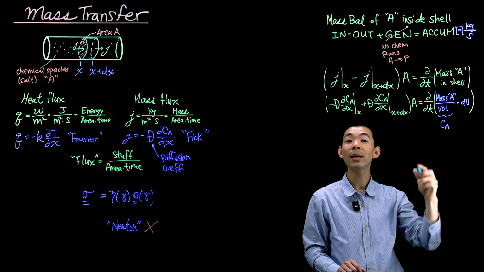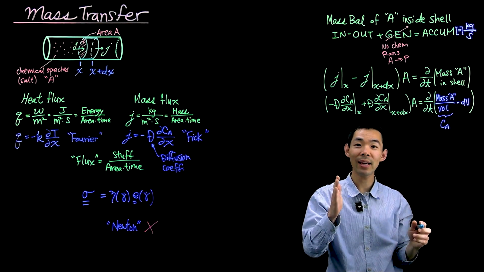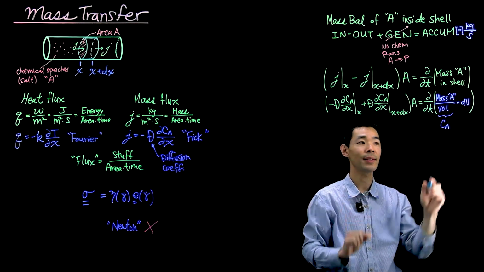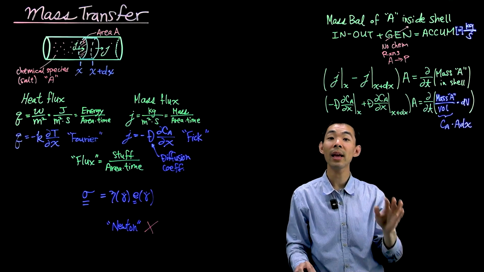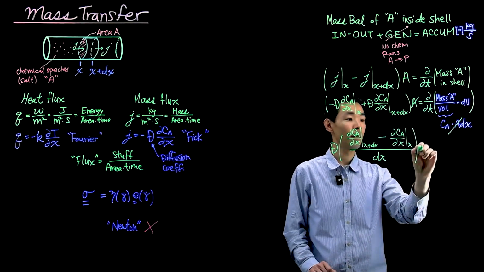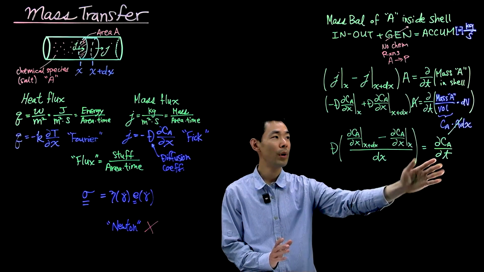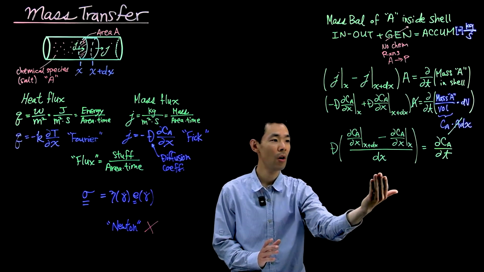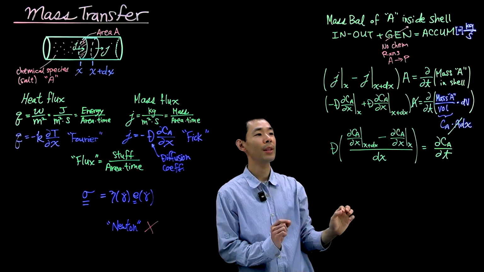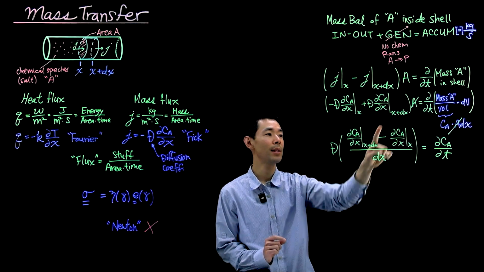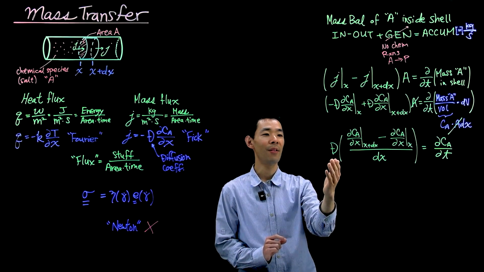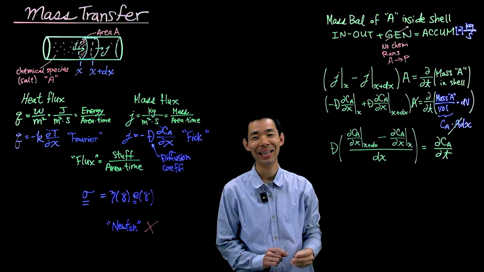And dV can be written as the cross-sectional area A times this small increment dx. Just like that. So now the areas cancel on both ends, and we can simplify. All I've done here is to bring the small increment dx over onto the left-hand side, cancel the areas, and flip them so that we have the out face minus the in face, and factored out the diffusion coefficient D.